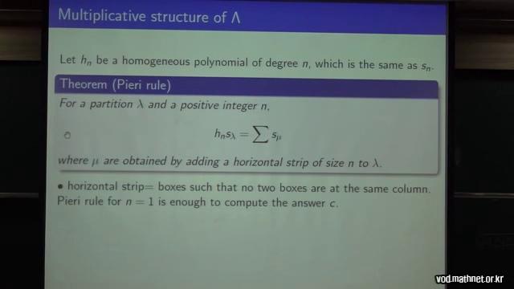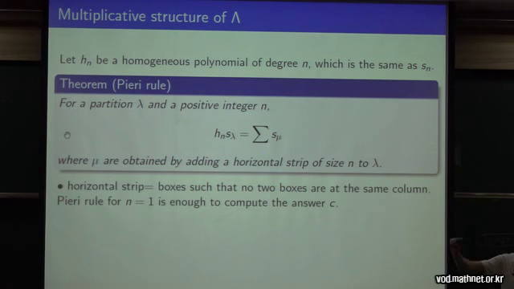The Pieri rule is the multiplication rule between the homogeneous polynomial of degree n and Schur functions, expanded in terms of Schur functions. Note that Schur functions form a basis, so you can write it. It turns out the coefficients are either 1 or 0, and the partition mu occurs when mu is obtained by adding a horizontal strip of size n to lambda.